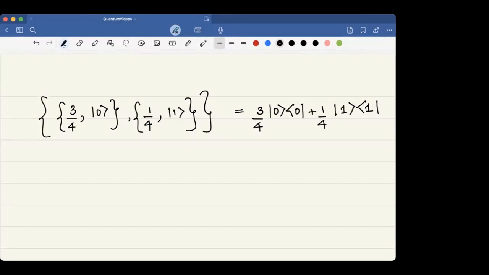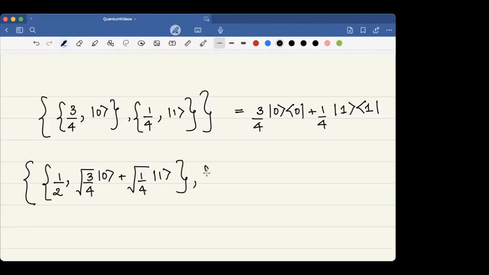But also you could have another mixture, for instance: the state square root of 3 over 4 ket 0 plus square root of 1 over 4 ket 1 with probability 1 over 2, and the state square root of 3 over 4 ket 0 minus square root of 1 over 4 ket 1.